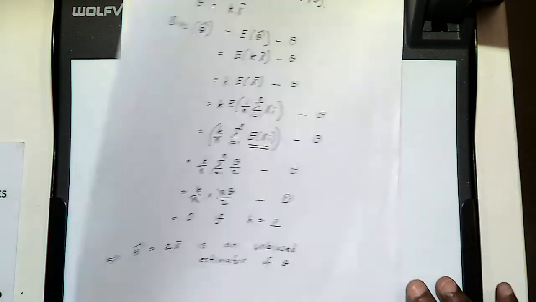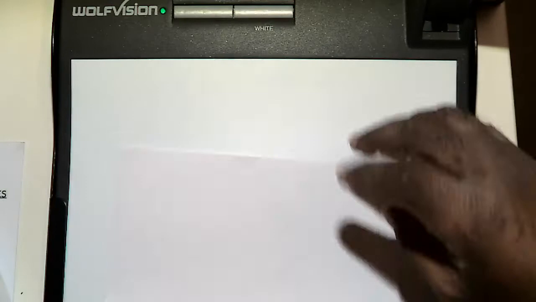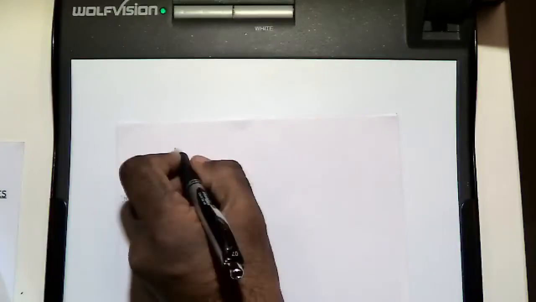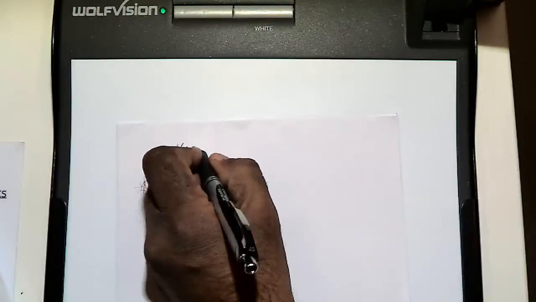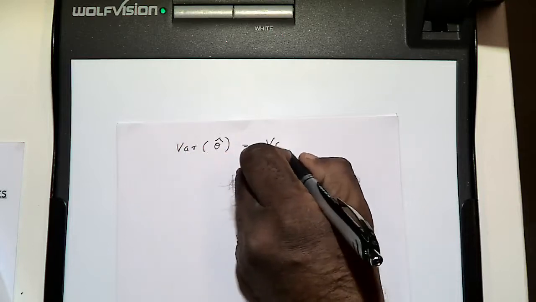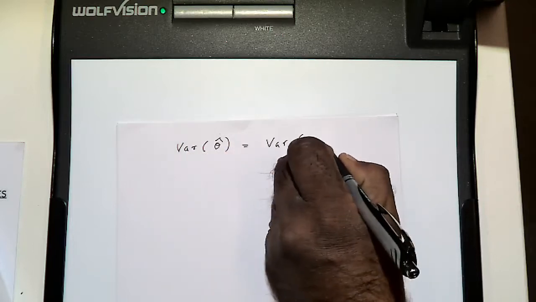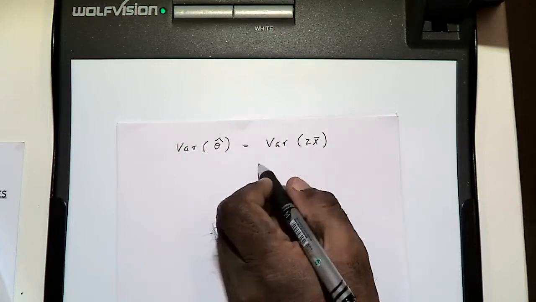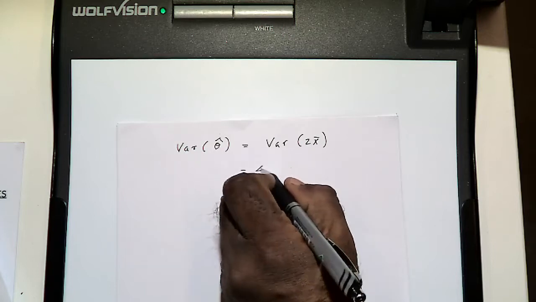Now part 2 is to find the variance of theta hat, which is the variance of 2 times the sample mean. Taking the 2 outside, it becomes a 4.